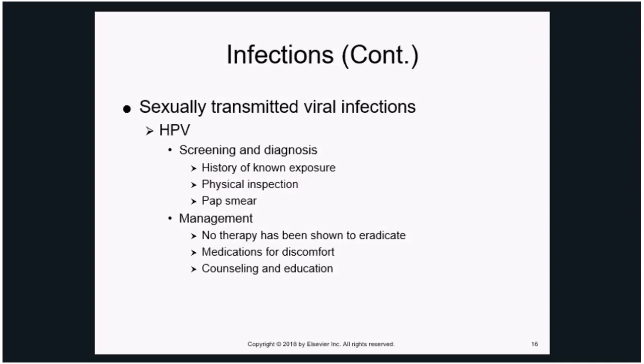Testing for HPV is done for women 31 and above, because women who are infected before 31 usually clear the virus by 31. So once you're 31 and above, per the guidelines, they should add the HPV screening. Management: there's no therapy that has been shown to eradicate it, but medications are for discomfort, along with counseling and education.